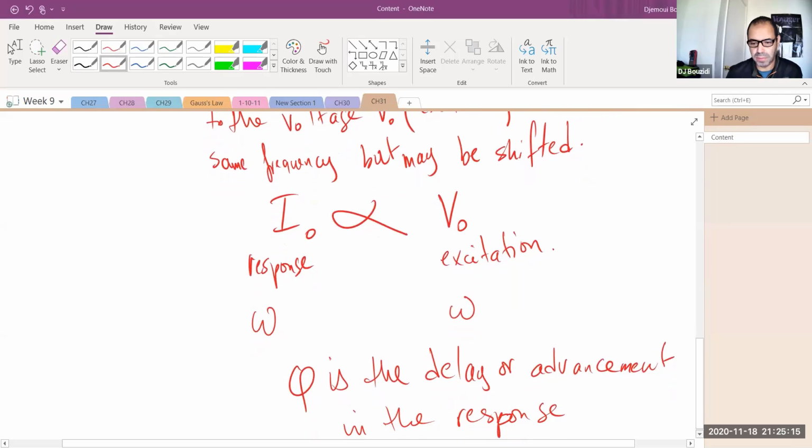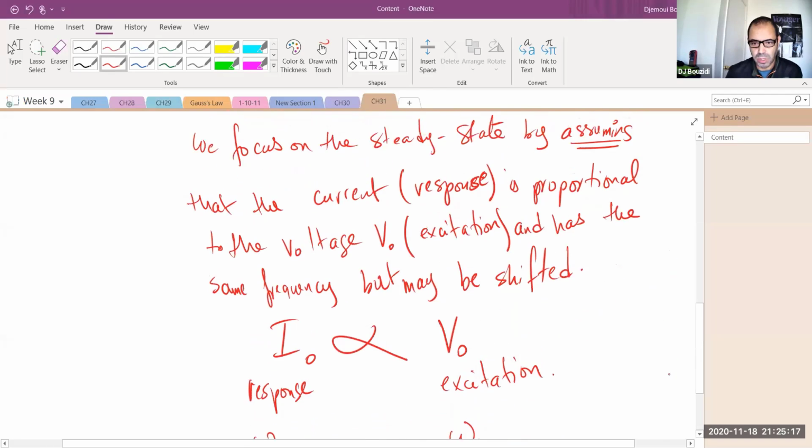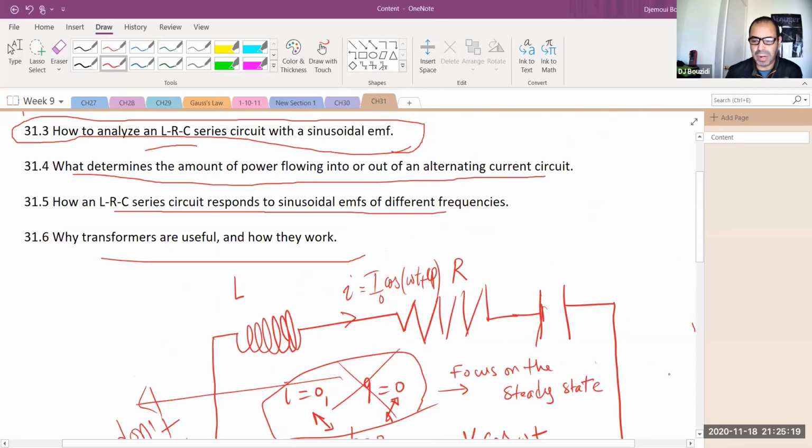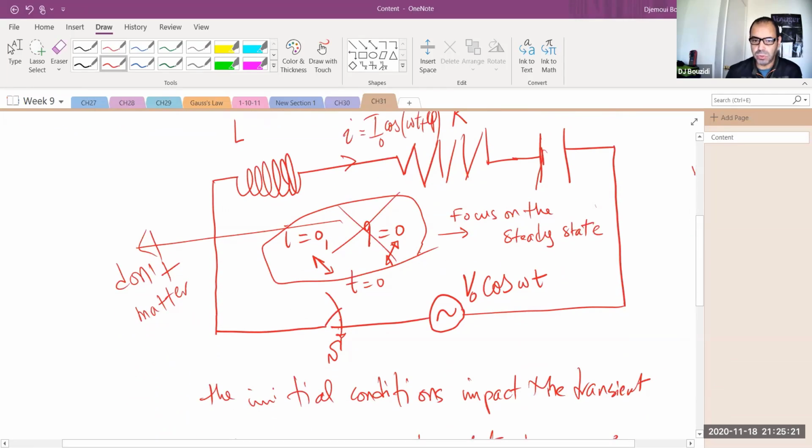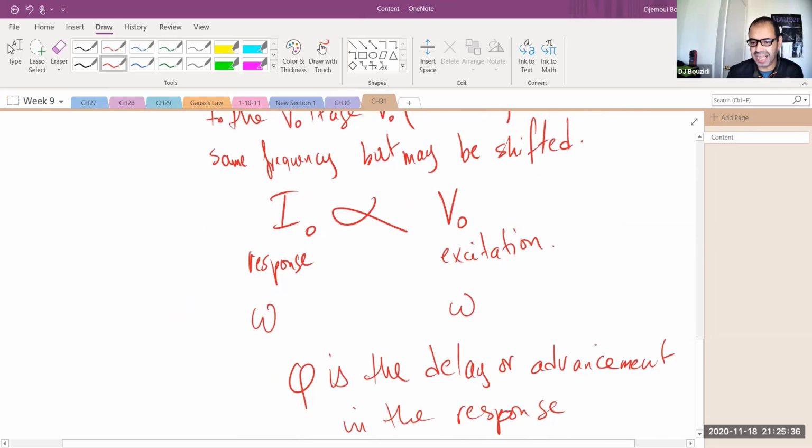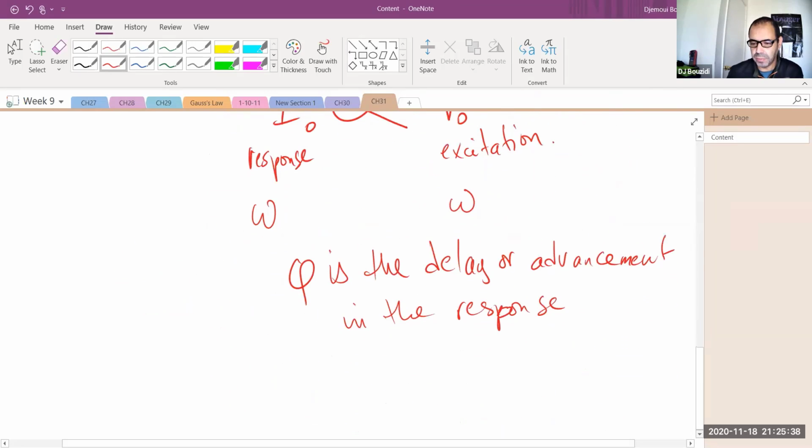I'm still on this page here. So we're going to apply Kirchhoff's rule now. We're going to take a point, similar to what we're doing in there. We're going to take this point as the starting point. Usually we start from the switch, but it's fine, and we're starting immediately after it. So there is a voltage drop of negative L di over dt, I'm sorry.